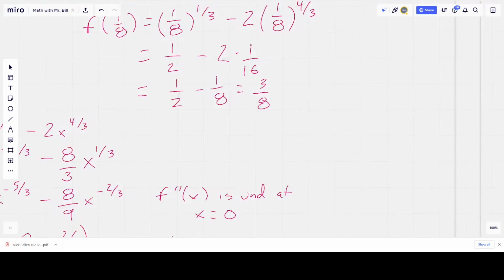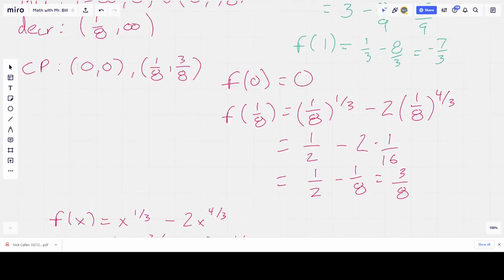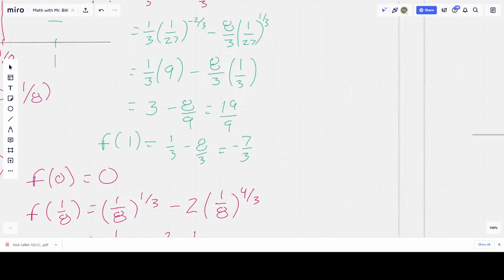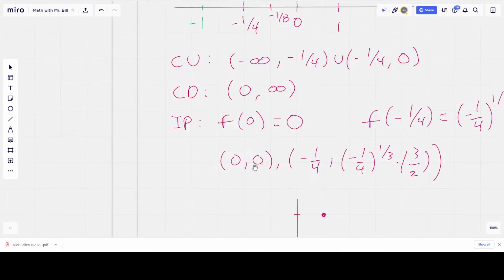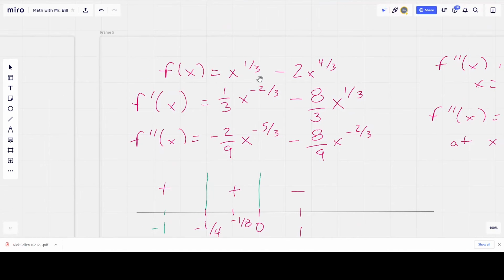So looking back at our critical points, over here we're told that 1/8 is at 3/8, and then negative 1/4 is at negative 1/4 to the 1/3 times 3/2. So that's going to be somewhere around negative 1/2 here. So somewhere down here like this. Okay. So the only thing left to really find is the place where x to the 1/3 minus 2x to the 4/3 is equal to 0.